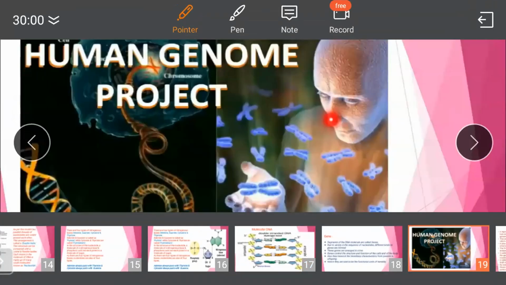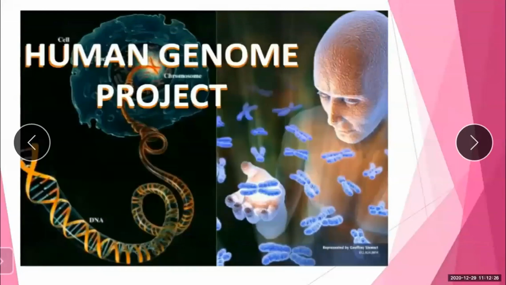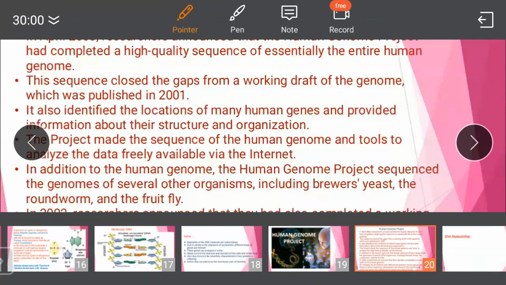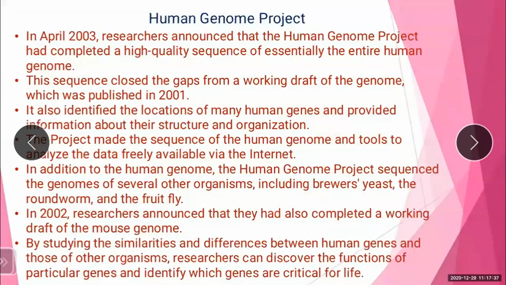Then we have seen the project, the Human Genome Project. What was the Human Genome Project? It is a great work in the field of human genetics, which has been done by a few nations. According to the findings of HGP, there are 20,000 to 30,000 genes in the human body. The detailed findings of these reports are available on the website.